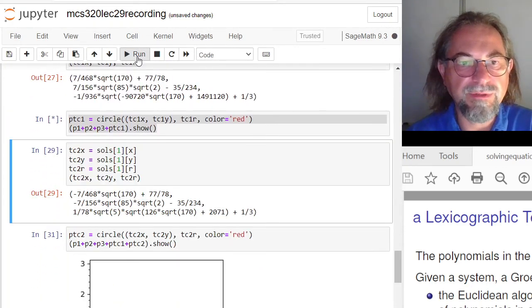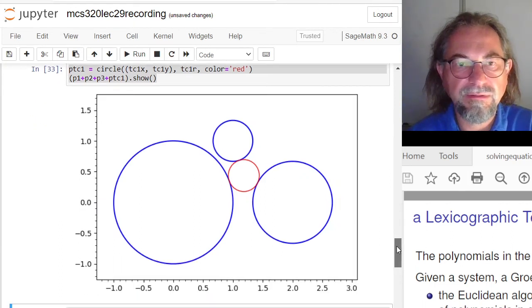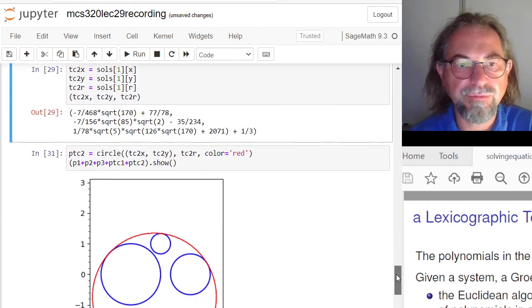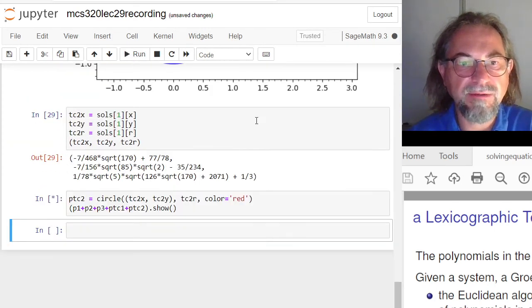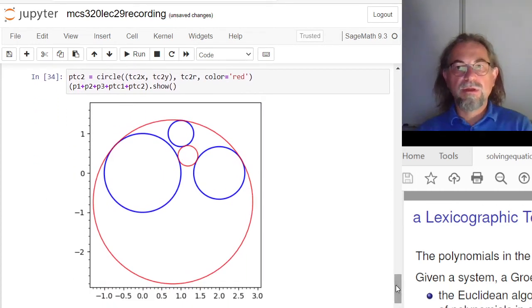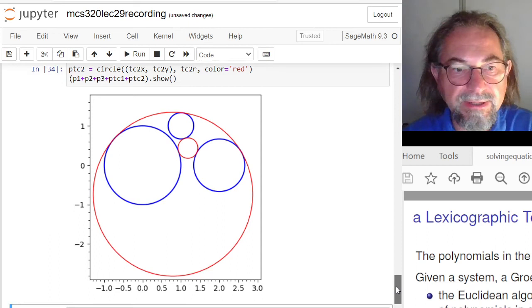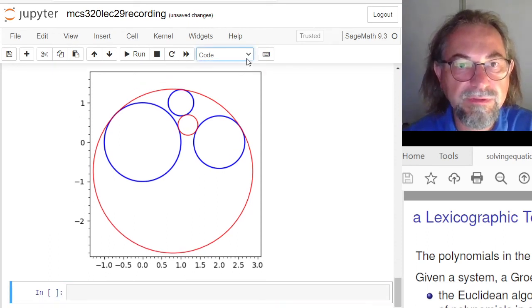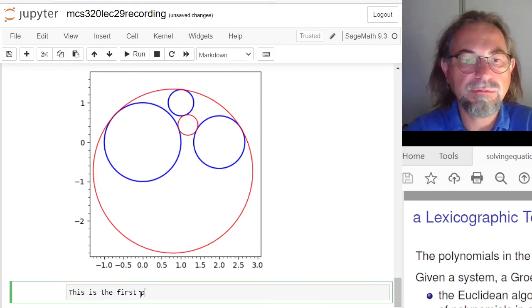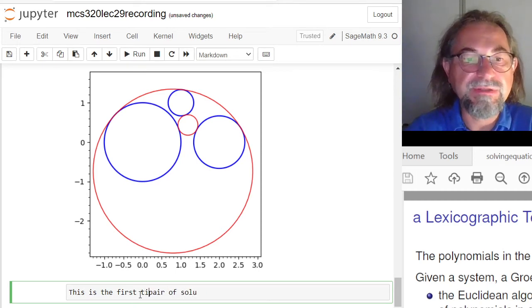If I rerun this, here we have our first solution, the first touching circle, and then I have the first pair. So there are two solutions. Well, not quite yet. This is the first pair of solutions. The first pair is always two.